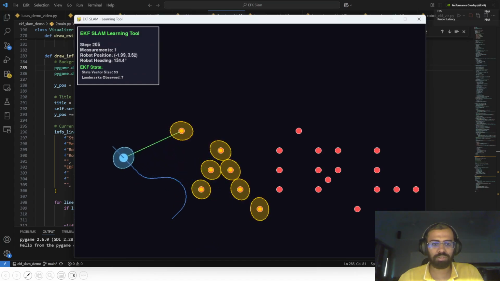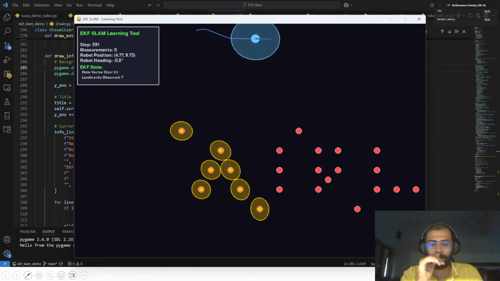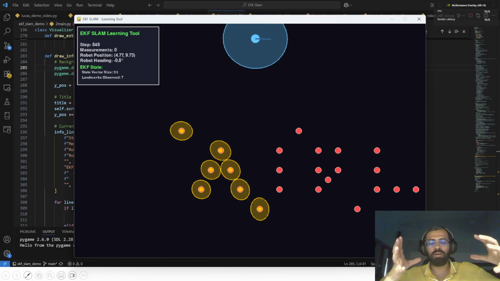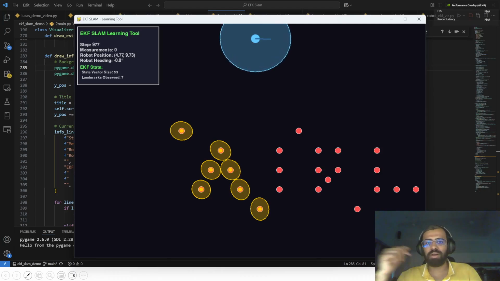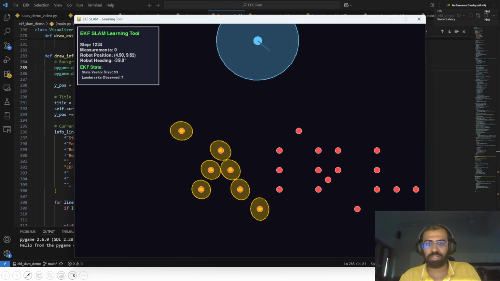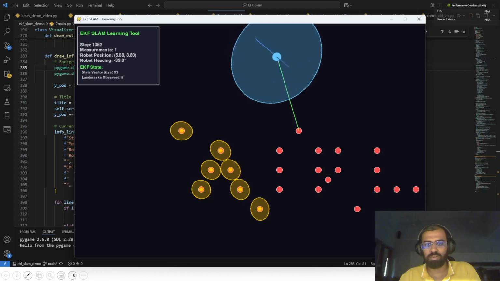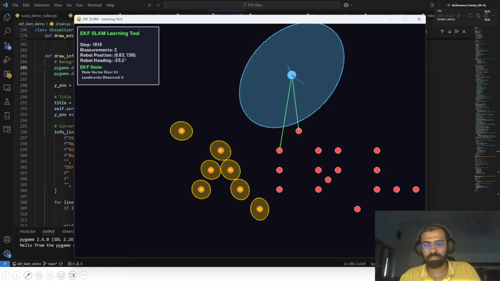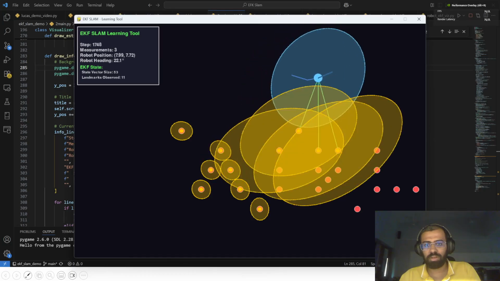See how the covariance is so high. This covariance is because of my robot's initial high covariance. If I detect a landmark, it will also get that same covariance. So let me demonstrate that now. Just go closely with this one.